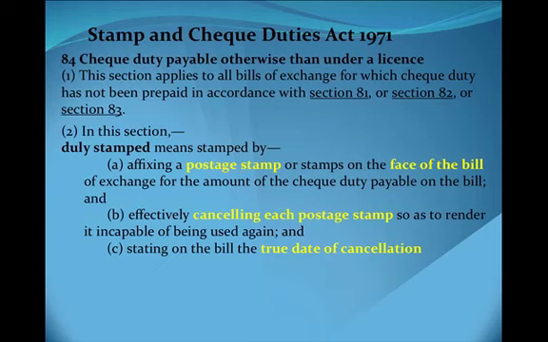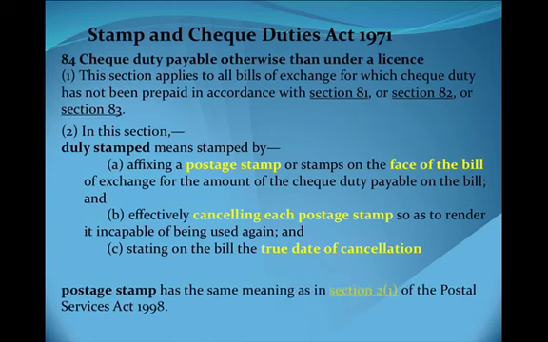So you just need to put an X on it or put your initials on it, and stating on the bill the true date of cancellation. So we put a date stamp on the date that we cancel it. Postage stamp has the same meaning as in Section 2.1 of the Postal Services Act.